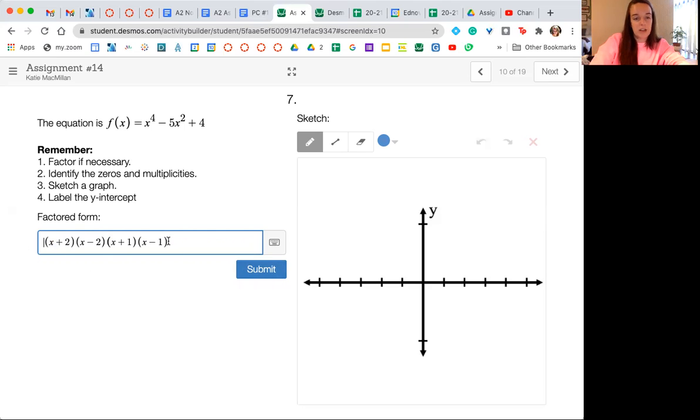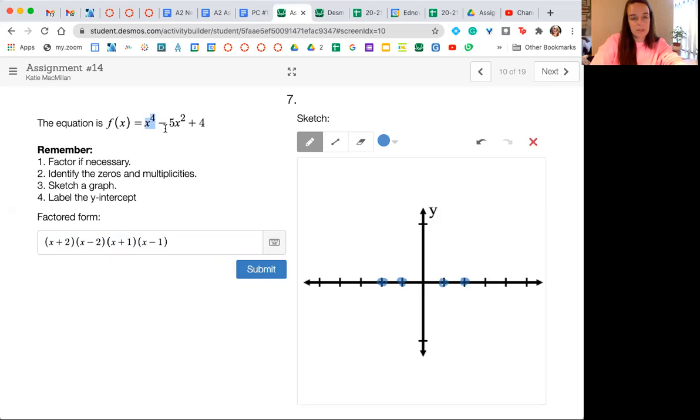So I can see that there are 4 separate zeros here. I have -2, +2, -1, +1. Remember the factors are the opposite. So I'm going to go ahead and go here, say -2, +2, -1, +1. I see overall it is positive.